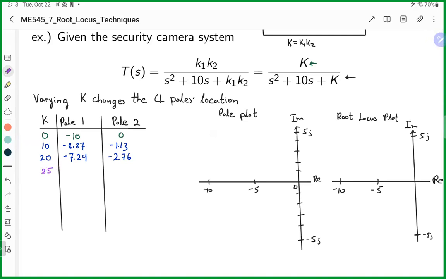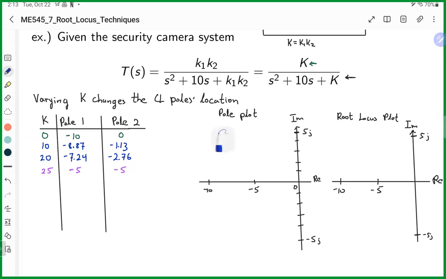At k equal to 25, I have repeated poles at -5 and -5. So for gain between 0 and 25, we have two distinct real poles, which means the system is overdamped. When we have two repeated poles, the system is critically damped.